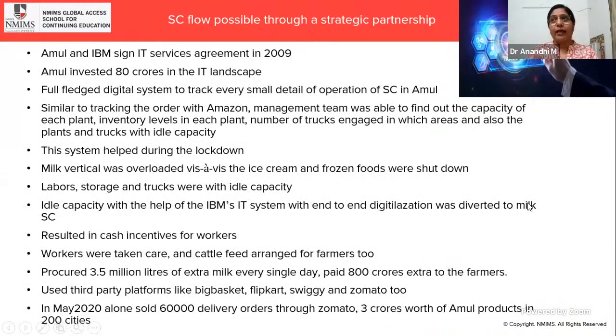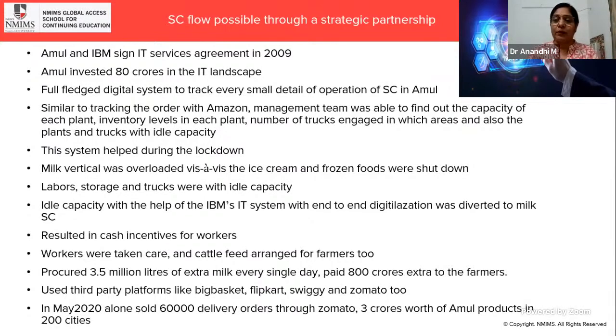Not only that, this also was possible because of a strategic partnership which they signed with IBM IT services in the year 2009. They signed an agreement and bought software from IBM, which was very clearly revealing the inventory levels and the idle capacities.